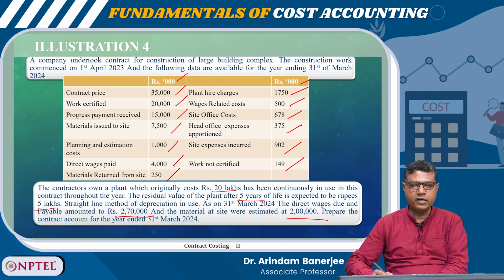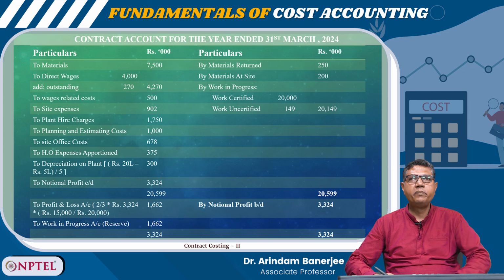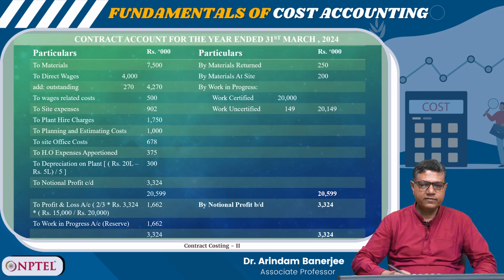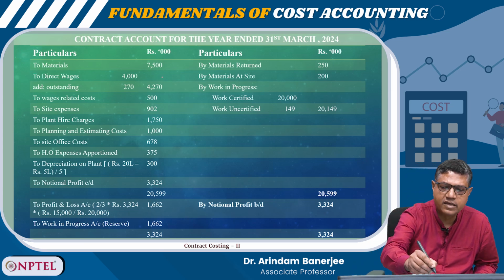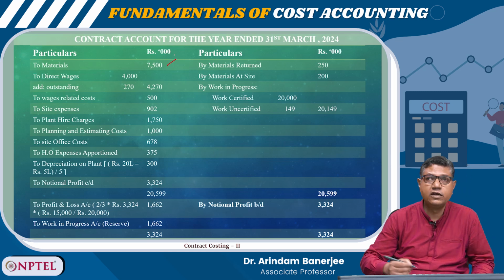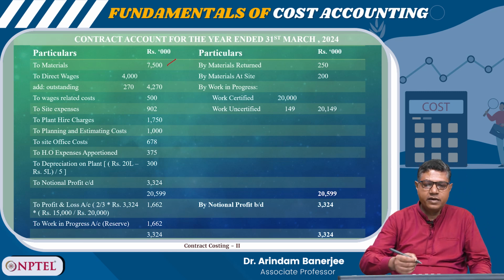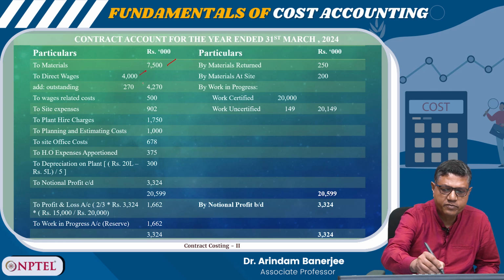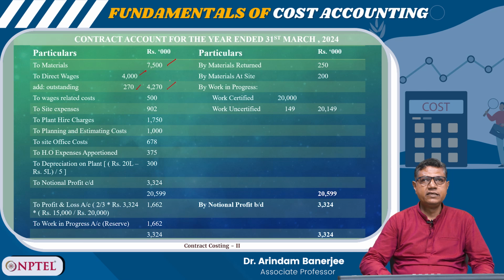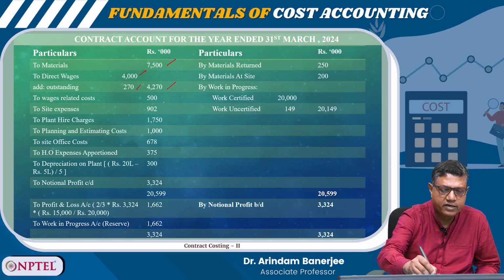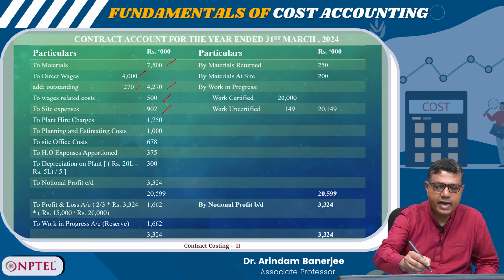So, we need to prepare a contract account. We can prepare it like this. To materials 7,500, all in rupees in thousands. Direct wages 4,000 plus outstanding 270, 4,270. Wages related cost 500. Site expenses 902. Plant hire charges 1,750.